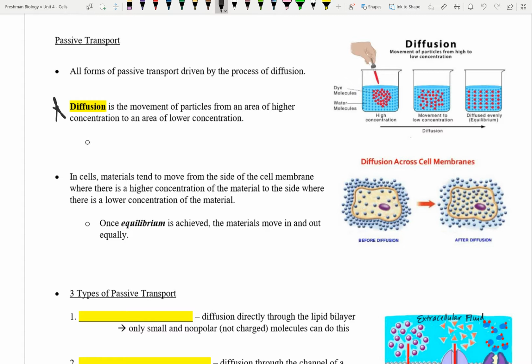Diffusion is when molecules, particles, anything moves from an area where there's more of it, where there's a higher concentration, to an area where there's less of it, where there's a lower concentration. We call this moving down the concentration gradient.